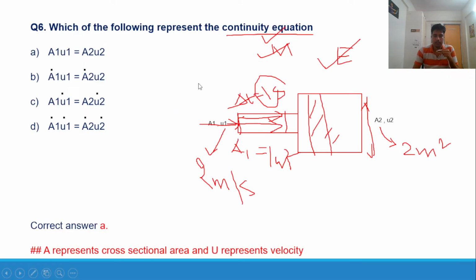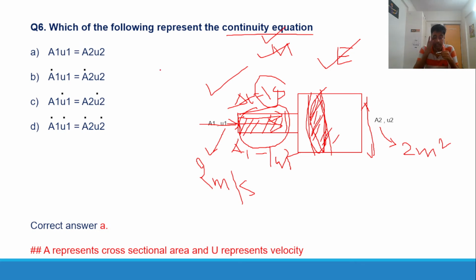So it can move only this much, and the amount of fluid which will move through this will be the same amount of fluid which will move through this in time 1 second. So you see the amount is actually constant. The amount of fluid moving here is equal to the amount moving here.